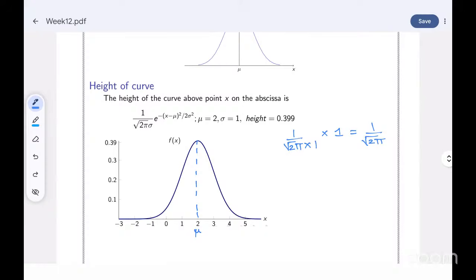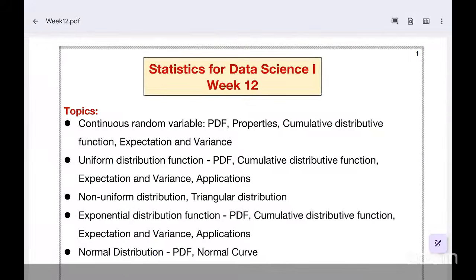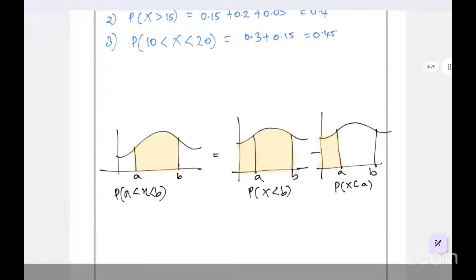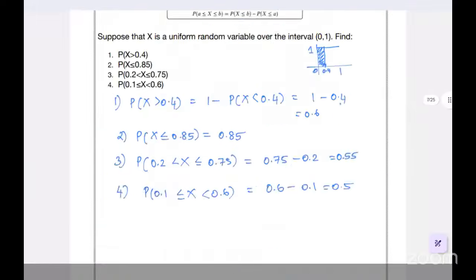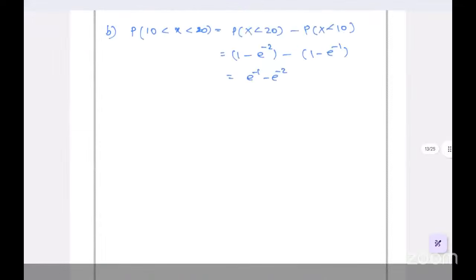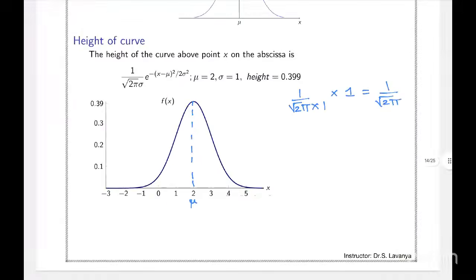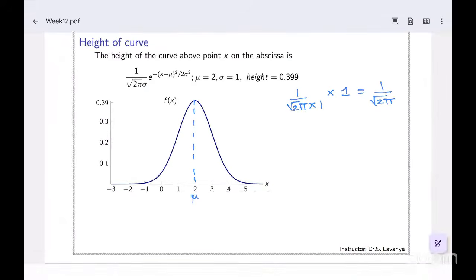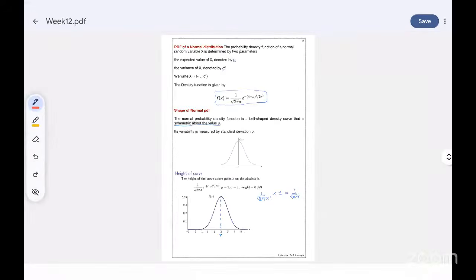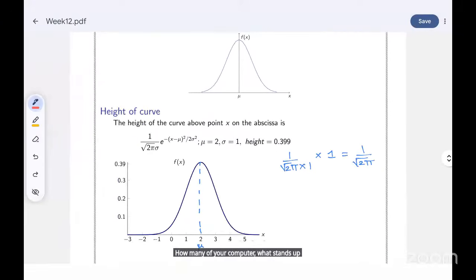What is the answer? So how many of you computed the answer for 1 by square root of 2 pi?